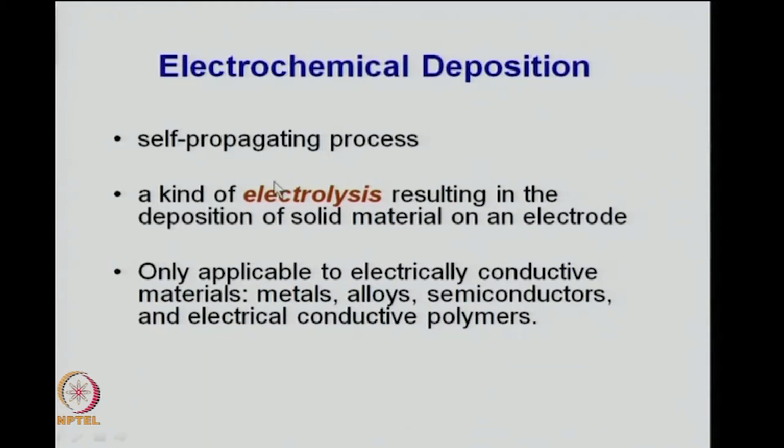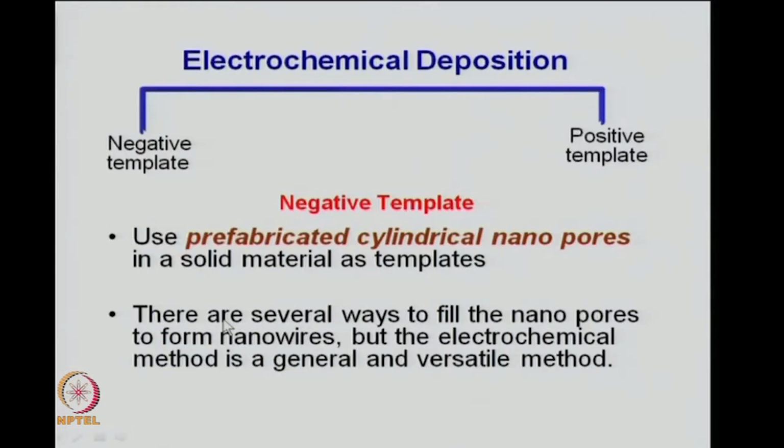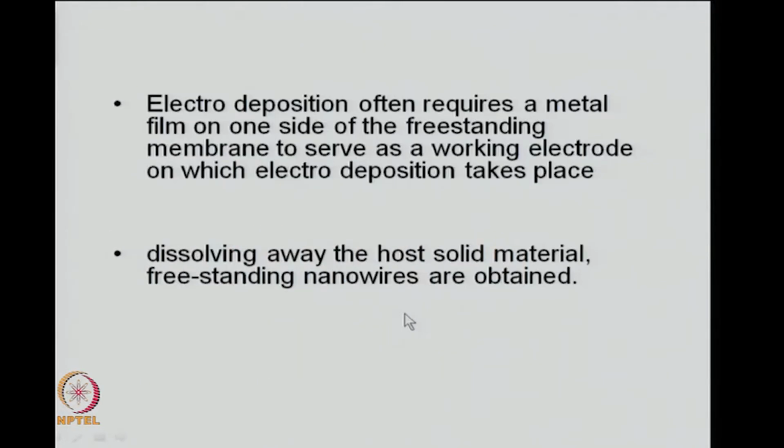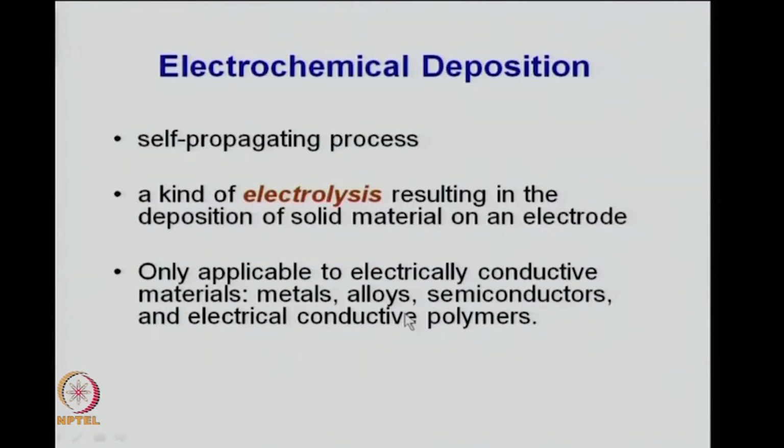Once you start, it is a kind of electrolysis resulting in the deposition of solid material on an electrode, and as I mentioned earlier, it is mainly applicable to electrically conducting materials like metals, alloys or semiconductors with low band gap and electrically conducting polymers.